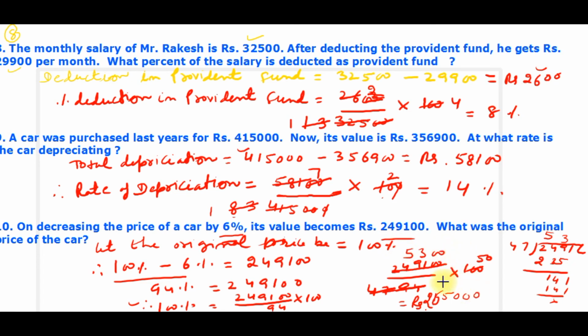So it would become rupees 2,65,000. Now we will move on to the next question.